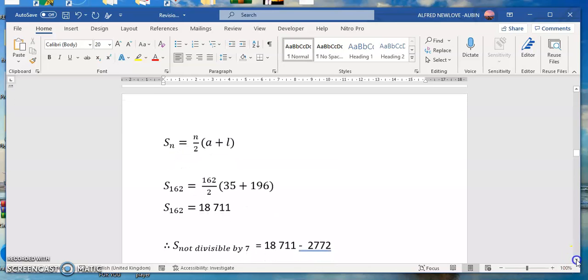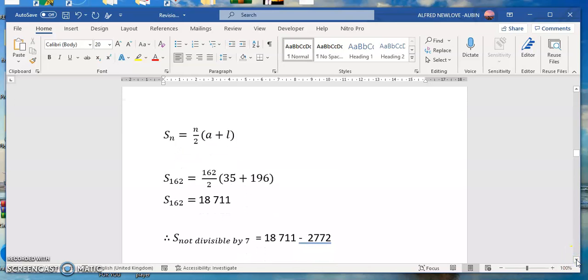Then we want the sum of numbers that are not divisible by 7.